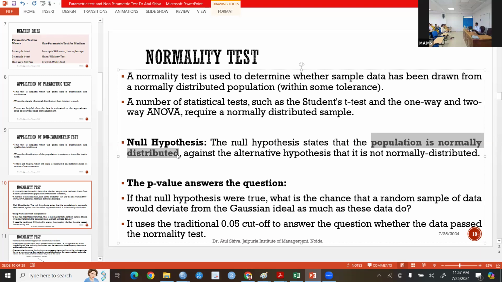That means what should be the p-value? Less than 5% or more than 5%? If the p-value is less than 5%, we reject the null hypothesis. So what kind of p-value do we look for in normality? More than 5%. So either you remember it or you mug it up. But the point is that you must fail to reject the null hypothesis.